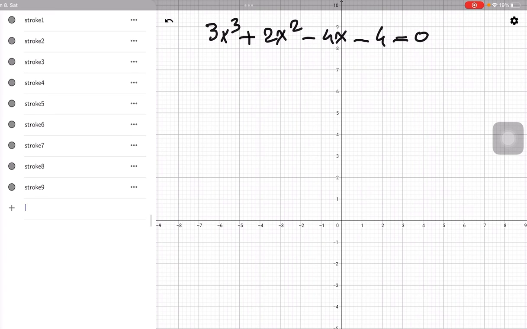For example, I write y equals 3x power 3 plus 2x power 2 minus 4x minus 4.